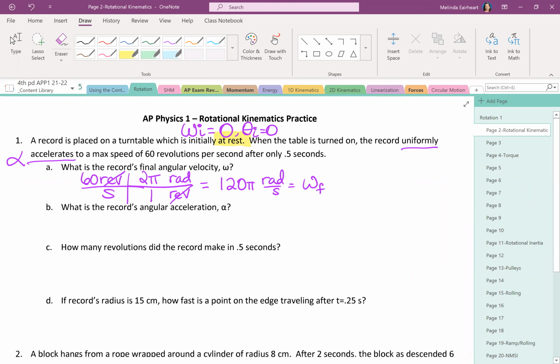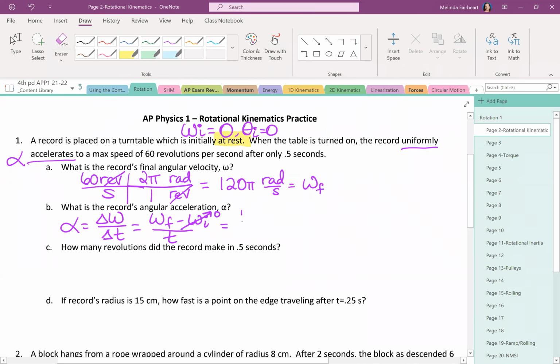What is the record's angular acceleration, alpha? Well, the defining equation is a change in angular velocity divided by a change in time. Delta, final minus initial. And they told us it starts from rest, so the initial angular velocity starts at 0. And the initial time is 0, which hopefully you're used to being flexible with.